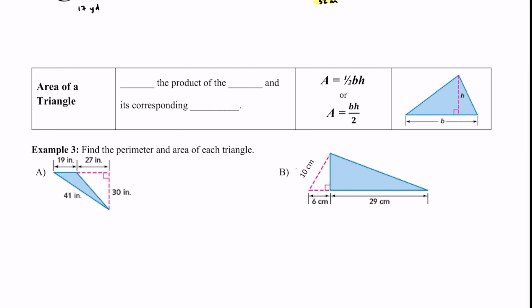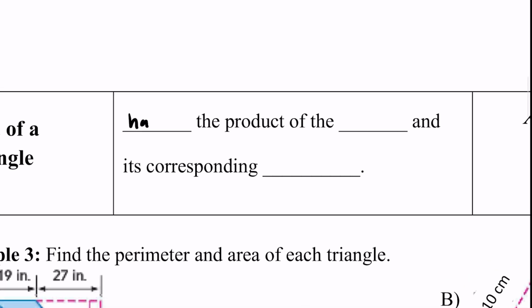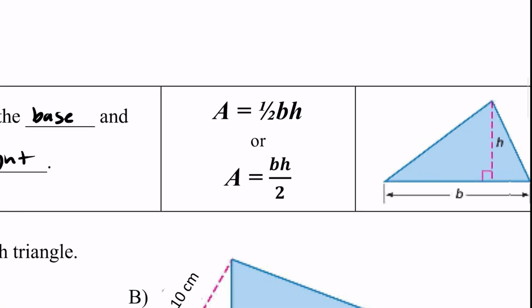All right, so now we're going to move on to the area of a triangle. The area of a triangle is essentially half the product of the base and its corresponding height. So here's the formula.